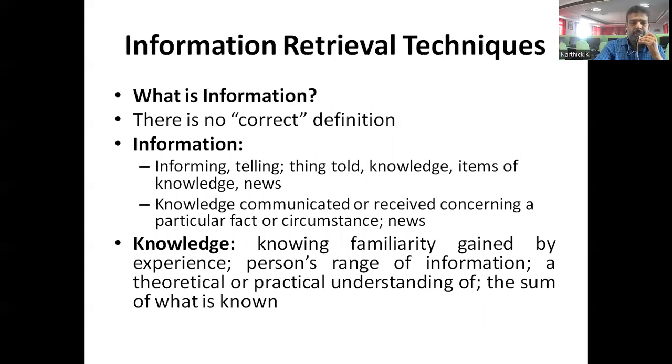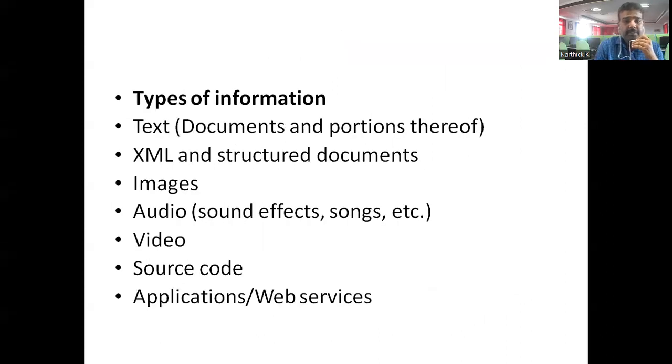So what is information? There is no single correct definition. Information is telling or a thing told, knowledge, items of knowledge, news. Knowledge is a familiarity gained by experience, a range of information, a theoretical or practical understanding of the sum of what is known. Now, the types of information.